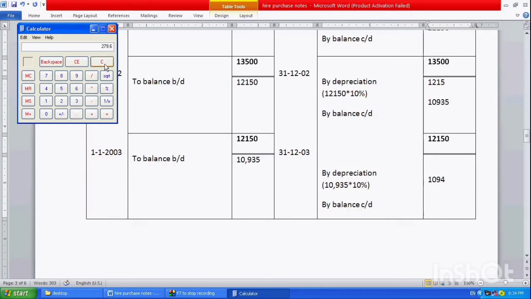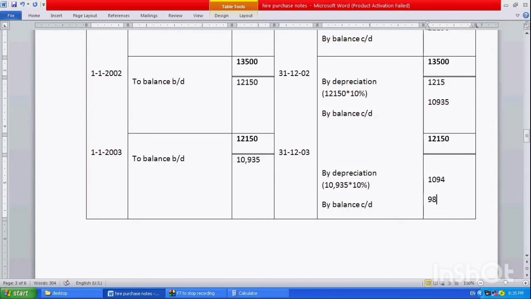So the remaining balance is, let's see in a calculator. So how much amount we are getting? 9,840. So the fourth year is also closed.